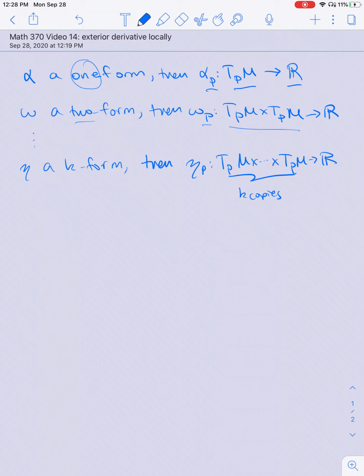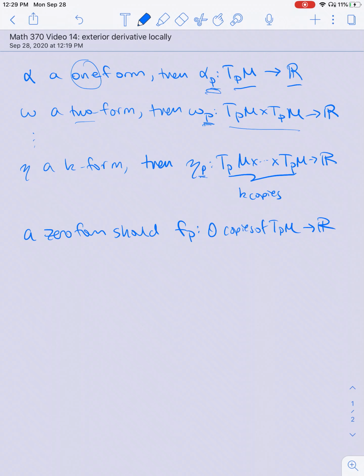So I can generalize this definition to say a zero form should be a map from zero copies of TPM to R. That is a little bit of nonsense, but the point is there's a common denominator every time, which is this point.